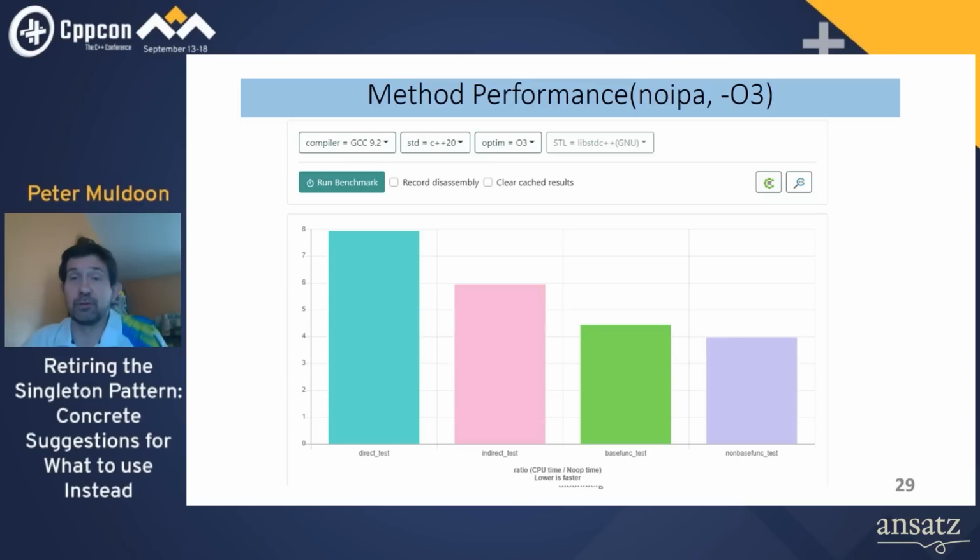I also ran it at O3, and again, referring back to Emery's talk, this will cover O2 as well. You see that the green, which is the copying of the functor, again, is the top one, not by a huge margin, but the indirect capturing of the functor, which is in pink, is a little better. And then the other two, again, are roughly the same. So you can take whatever mileage you'd like out of that.